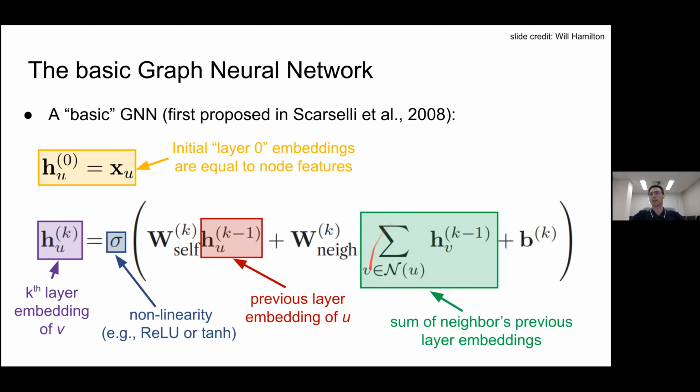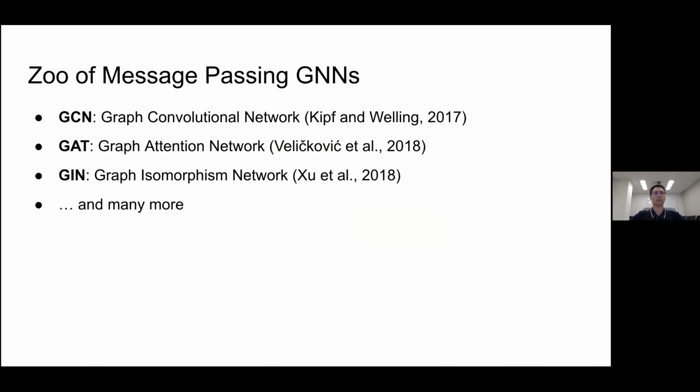So the representation of the neighbors is just being added up, pushed through some linear layer, and then the representation of the node is being updated as a linear combination of the old one and of this neighborhood aggregate pushed through a nonlinearity function. And we can this way stack multiple of these layers, and that gives rise to graph neural networks.